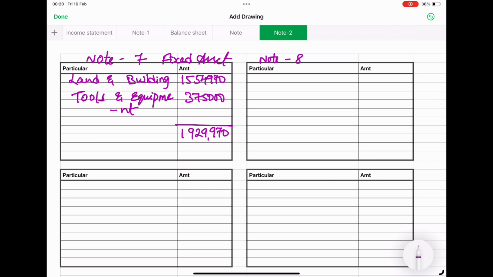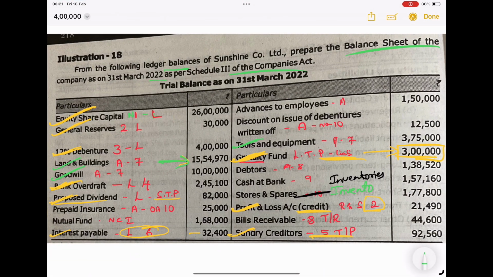So under note 8 we are having trade receivables. Under trade receivables, what are all the things we are having? Let us check. Bills receivables and debtors we are having.